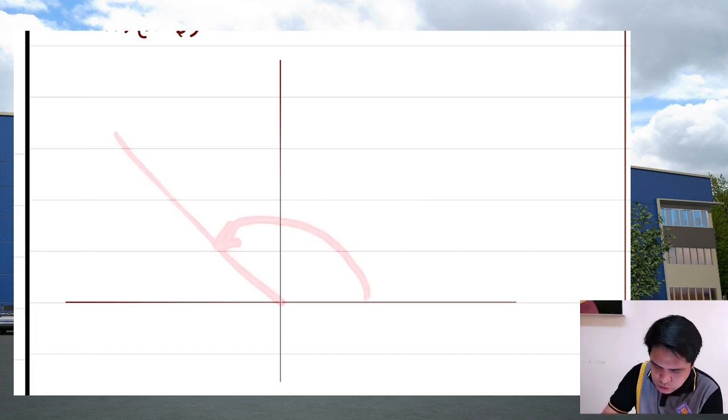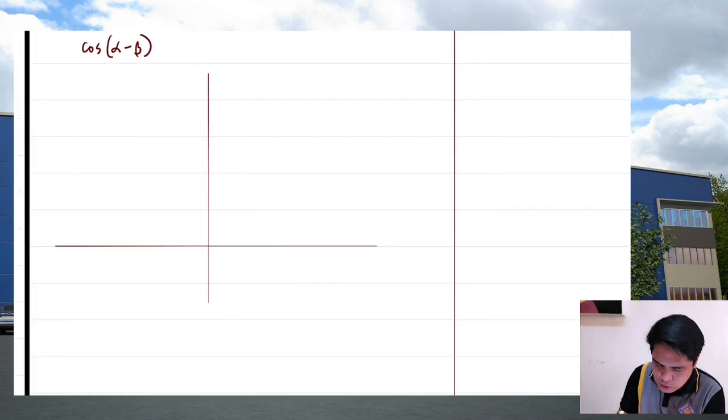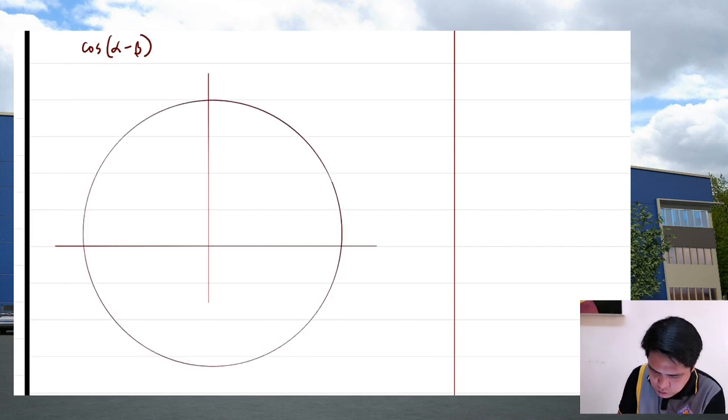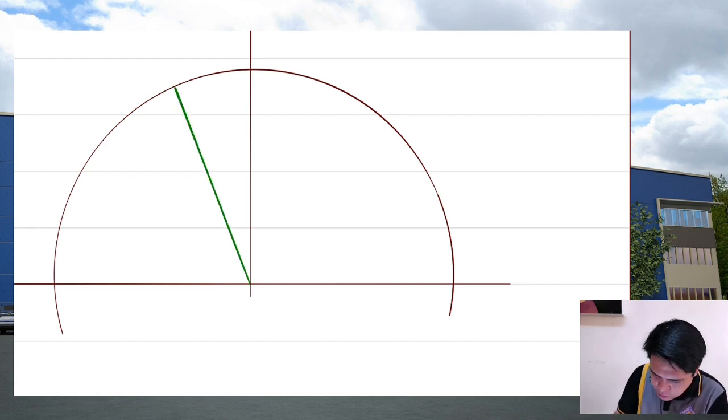Then this unit is 1. Okay? So, mag-draw na lang tayo ng circle around. Ito yung alpha natin dito. Let's take this as alpha. So, this is now alpha.